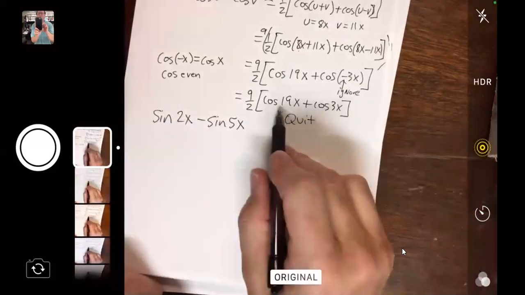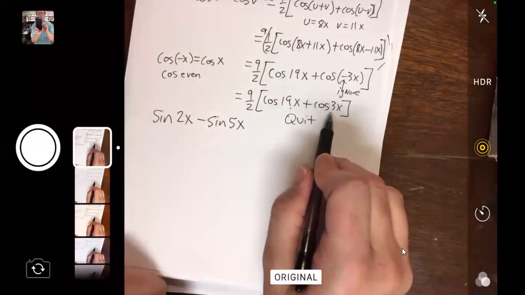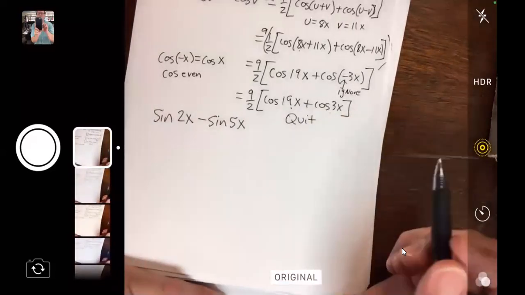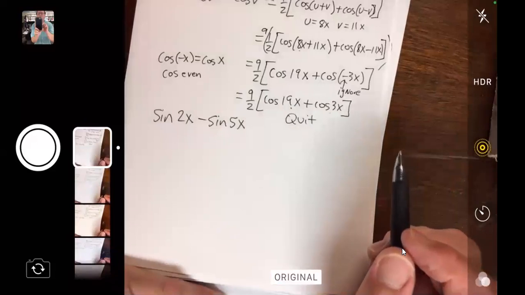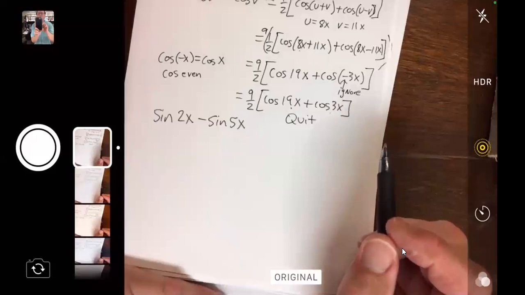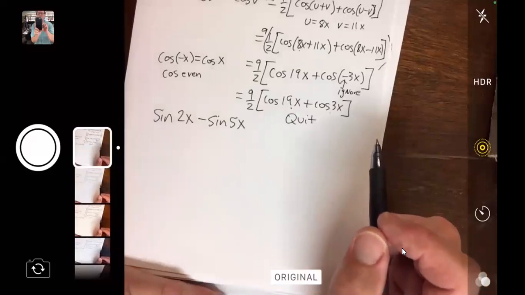Some people will say that's a cosine of 22x because they're adding 19x and 3x. Don't do that if you want good grades. Is that too fast? No. Are you ready for the next one?